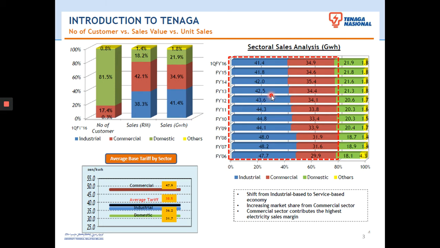So for domestic users, as we can see from the annual financial year, they only contribute about 20% of the TNB income or TNB profit. Majority come from industry and commercial. Okay, so that is the nature. I think that also applies mostly to any country. Domestic, the number of customers is more, but the usage is less compared to industrial and commercial.